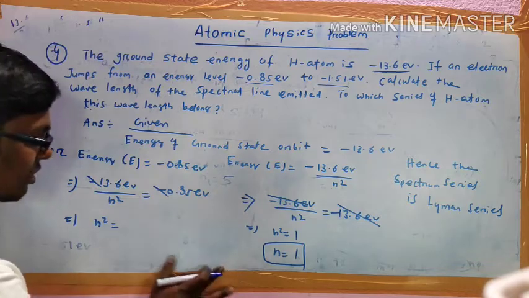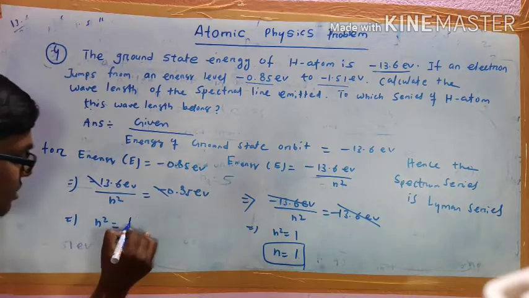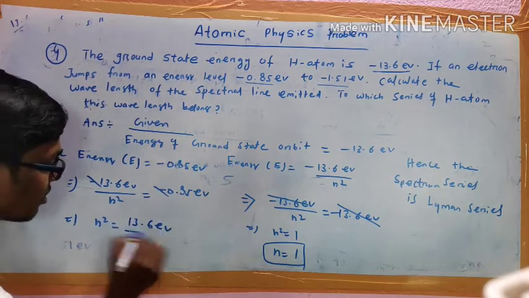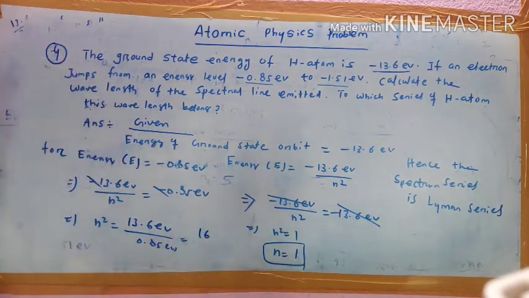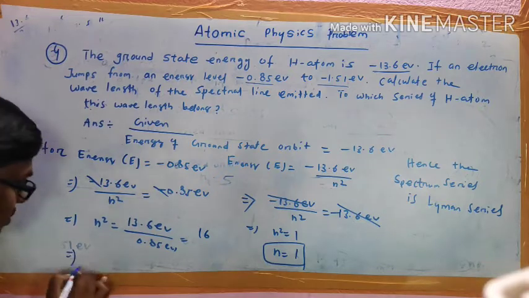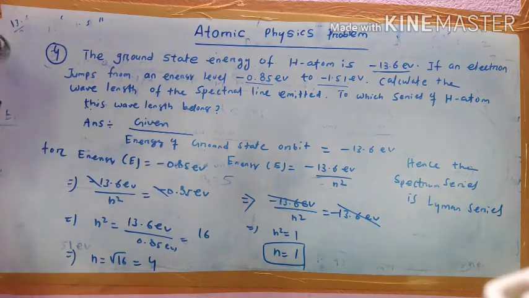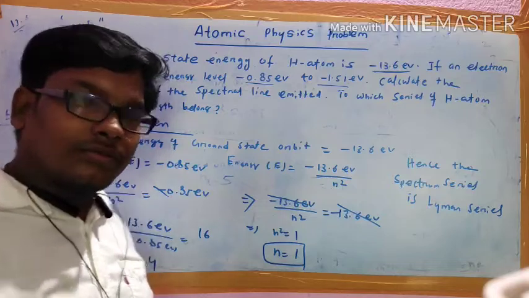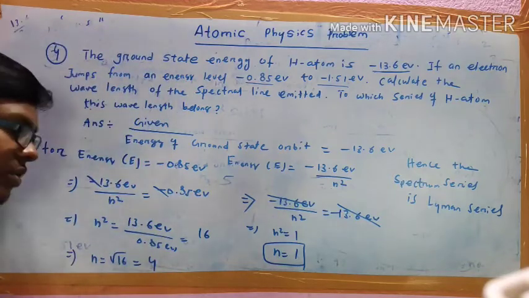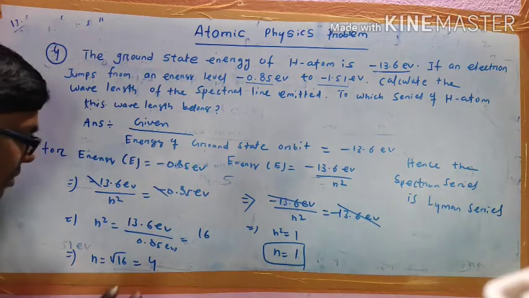This is 13.6 eV by 0.85 eV, which is equal to 16. So n is equal to root over 16, which is 4. That means this energy belongs to the fourth orbit. Okay. Clear?